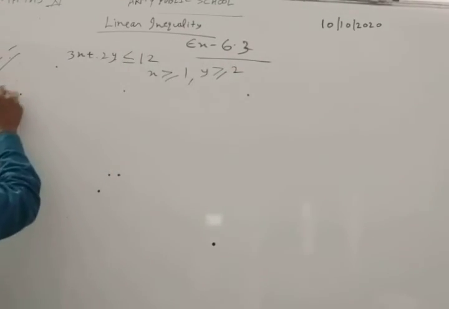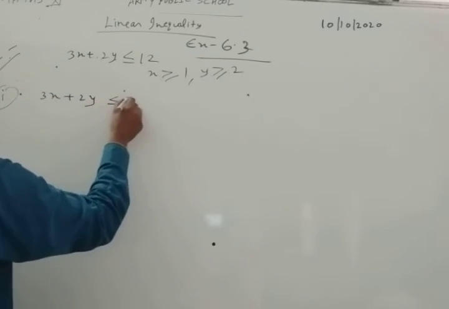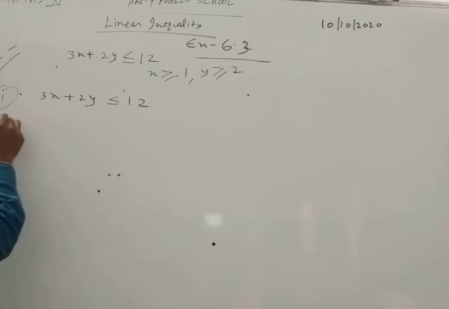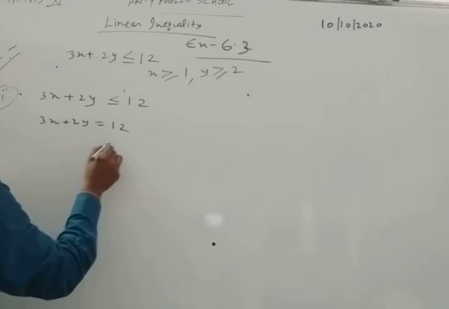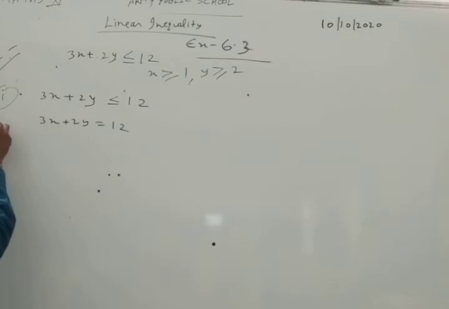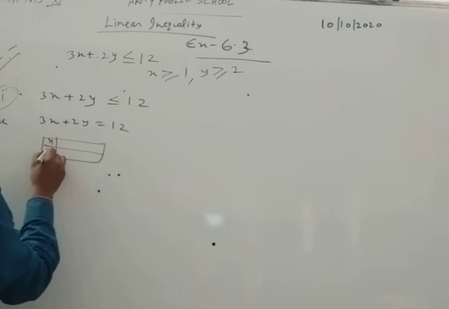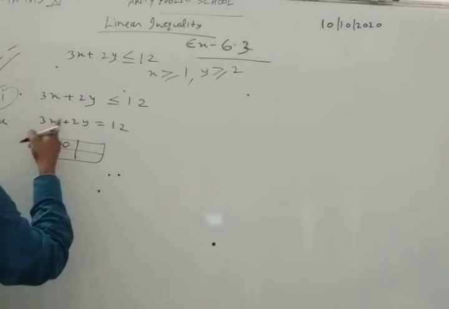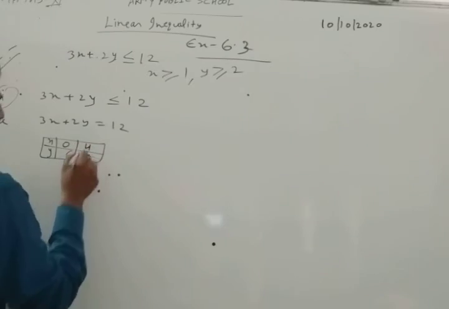Now first, 3x plus 2y less than equal to 12. Take 3x plus 2y is equal to 12. Now x, y, put x 0, y is 6, y is 0, x is 4.